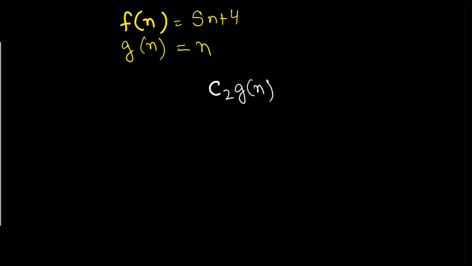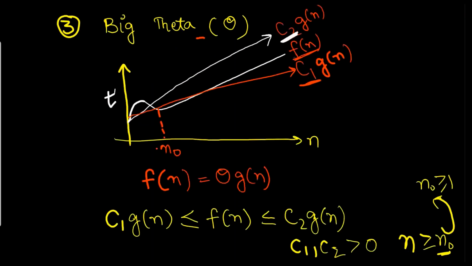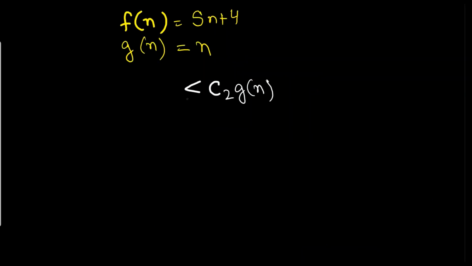Let's understand this in terms of f(n), which is 5n plus 4, and g(n) equal to n, the same inputs. First of all, we will take C2, as C2 is upper bounding the f(n). So it should be greater than or equal to f(n), correct?